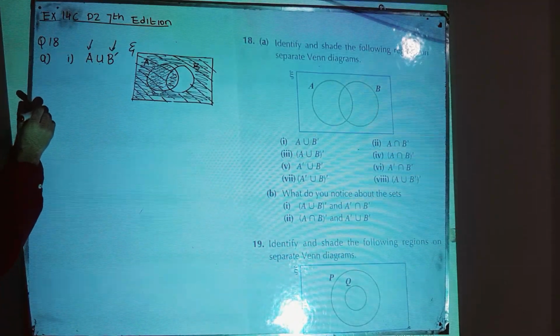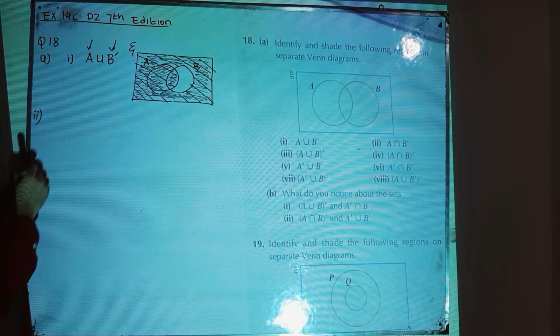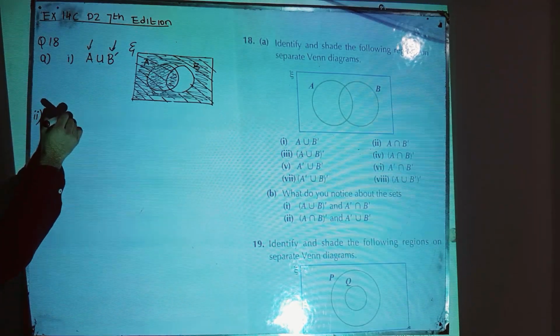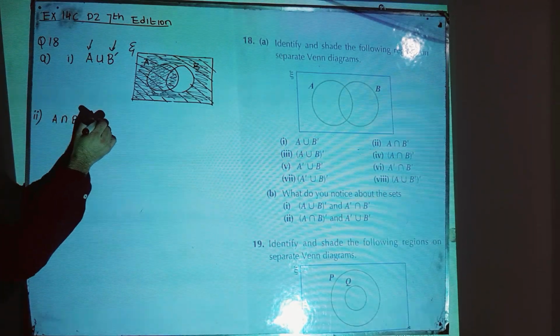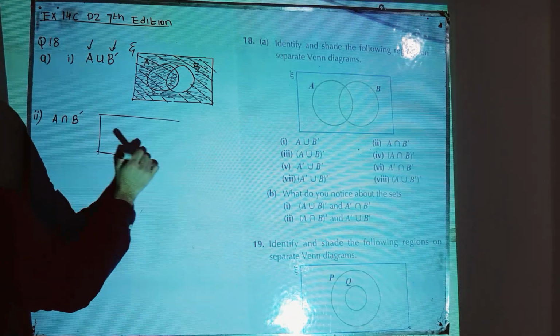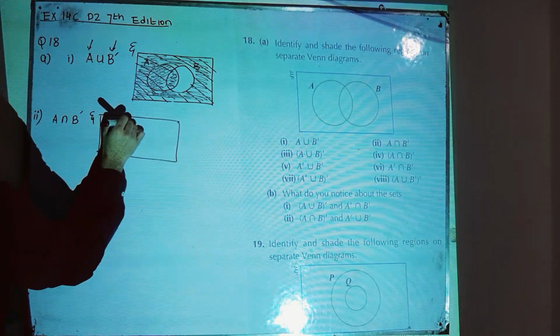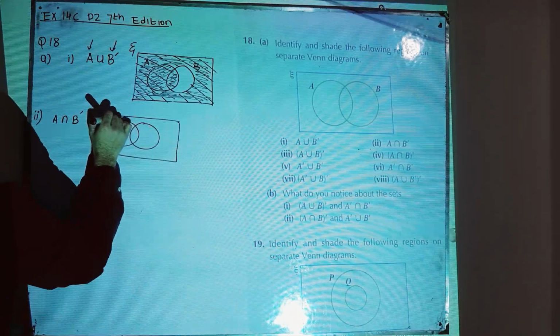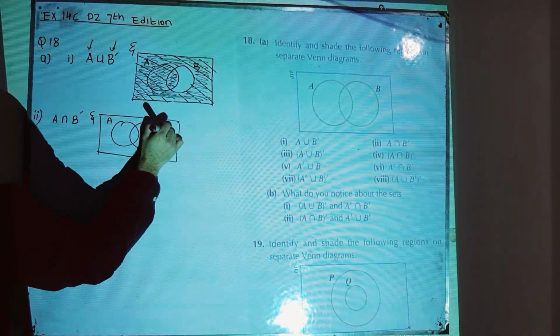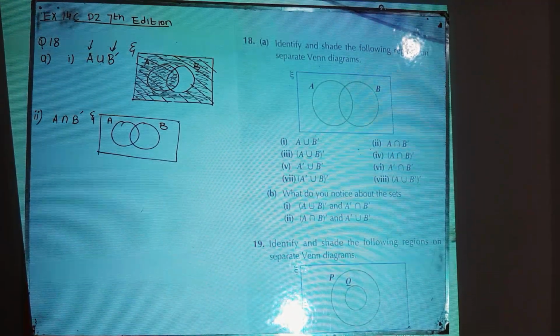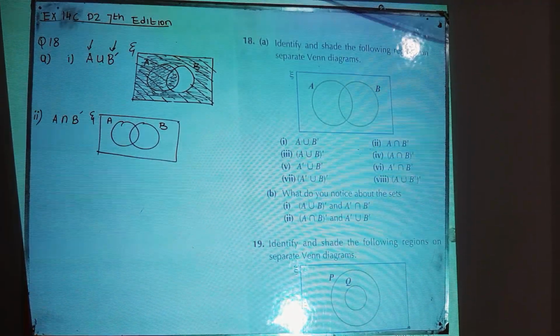Part number 2 is A intersection B complement. Draw a Venn diagram. The rectangle represents the universal set, a set A and a set B. Now first of all, you need to draw B complement.